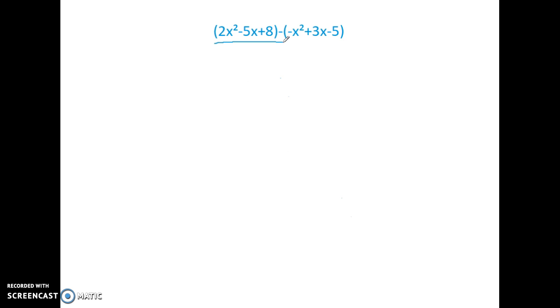So you start with 2x squared minus 5x plus 8. So remember the top or the first term, it does not change when using this method.